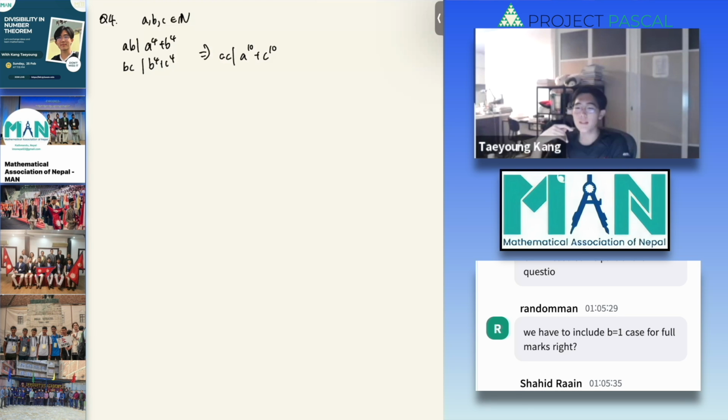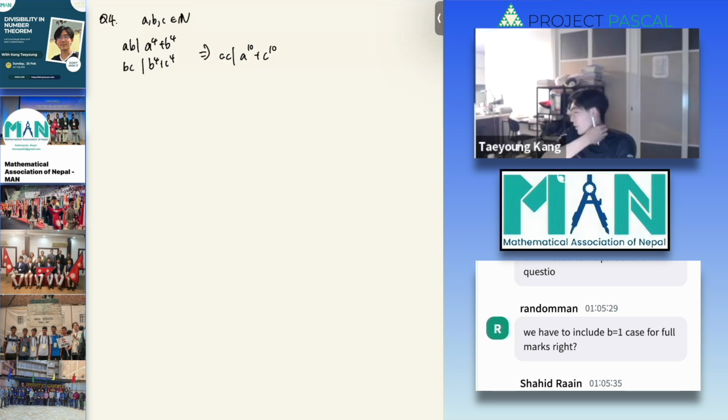Actually, it's something much easier than that. And it's by considering the greatest common divisor of A, B, C. Or I think I saw that in the chat just now, the highest common factor, HCF, I guess. But I also call it GCD.